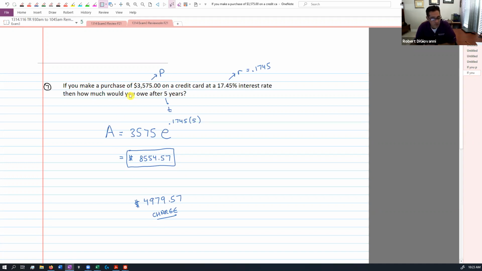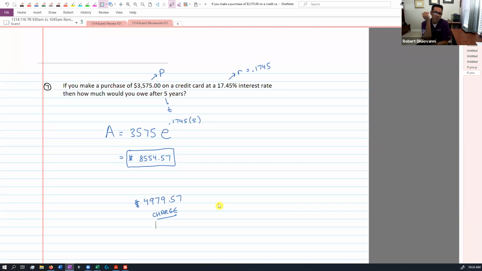Look, you borrowed $3,500 and you owe $8,500. You're being charged more for the money than the money you borrowed, which is crazy, right? You wind up paying $4,900. That's the danger of credit cards. You can go buy a $2,000 computer, and by the time you pay it off, it costs you $5,000.